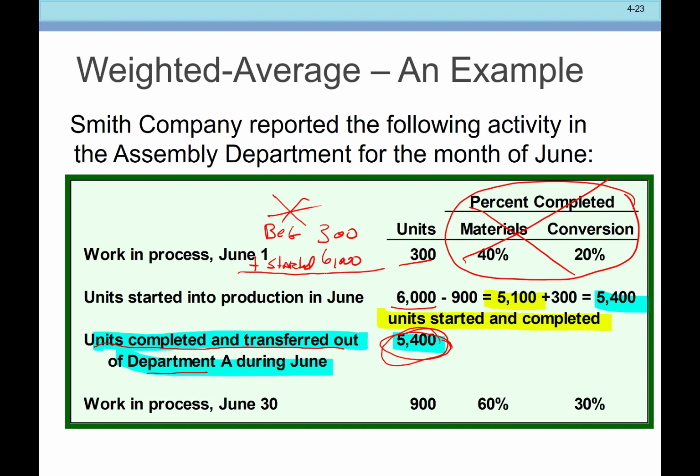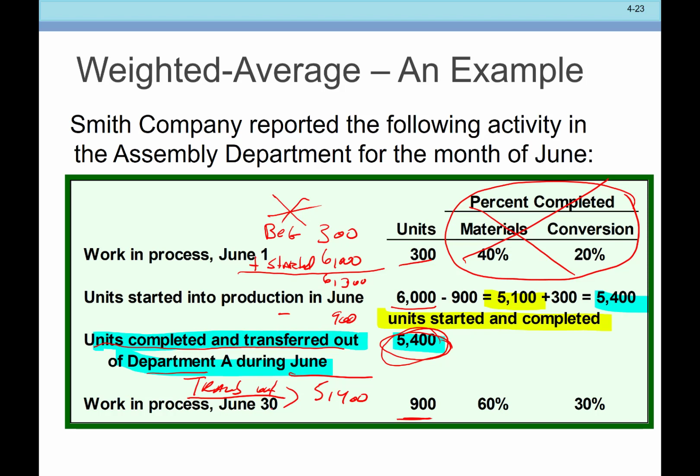So that gives me what? Available 6,300. Minus what? Minus the ending inventory of 900. That gives me what? 5,400 units that must have been transferred out. You could do it that way also.